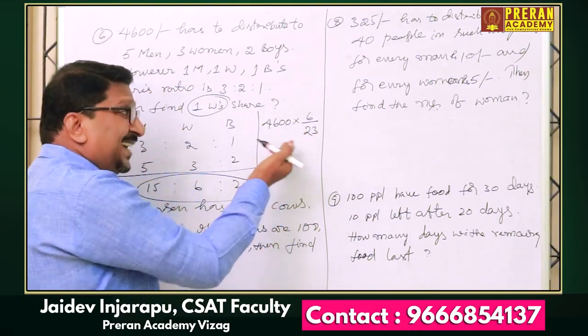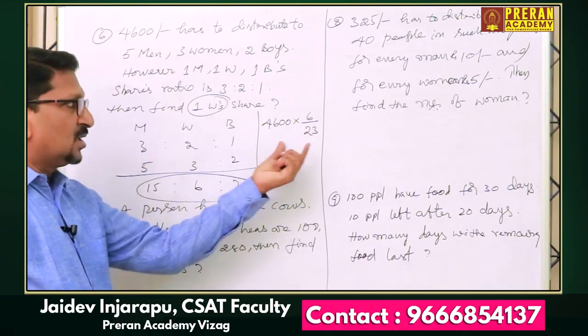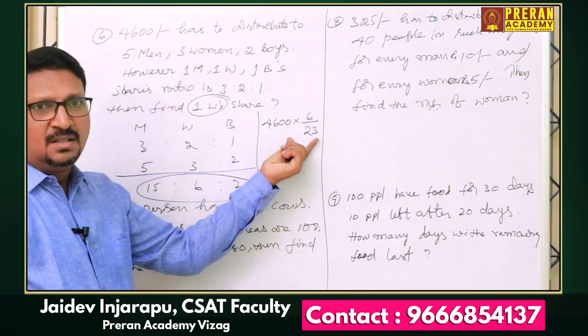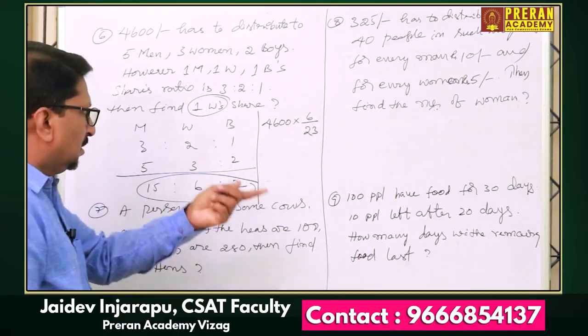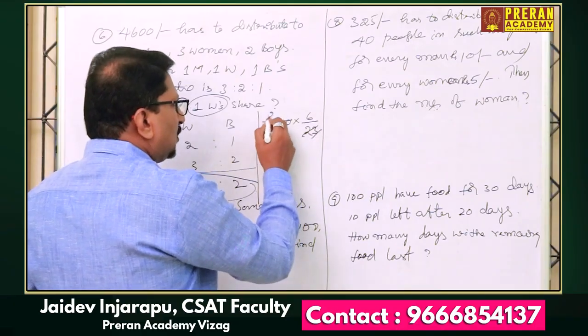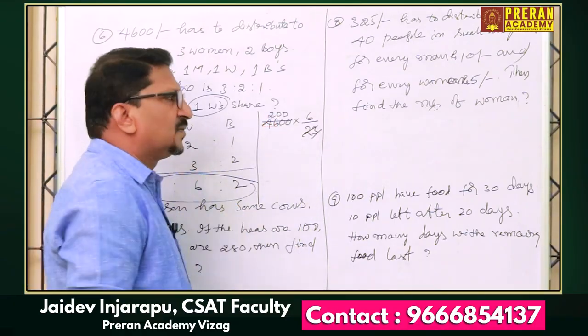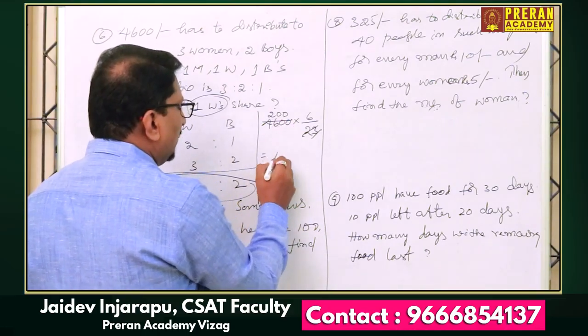Guys, here we are calculating for 3 women's share. Of course, he has asked 1 woman's share, right? That we will calculate later. So, 23 1s are 23, 23 2s are 46, so 200. So, 200 into 6 means 1200.